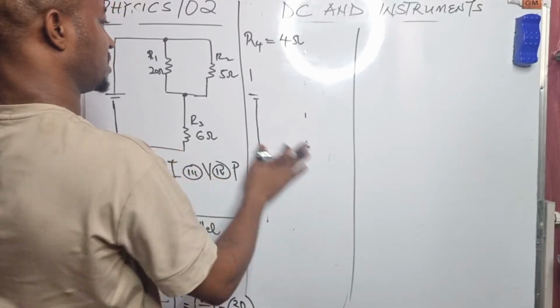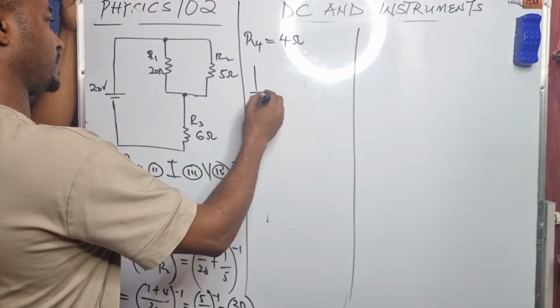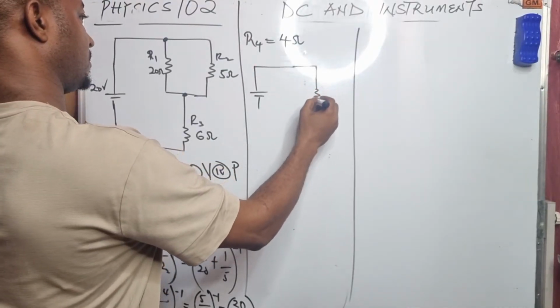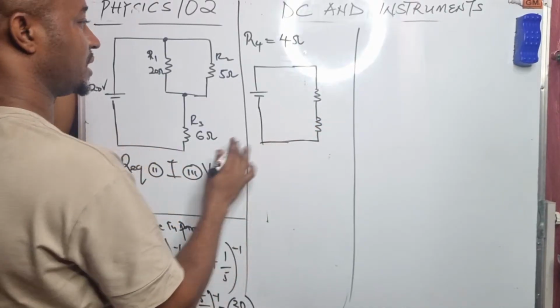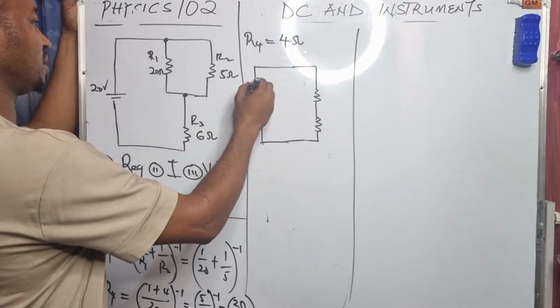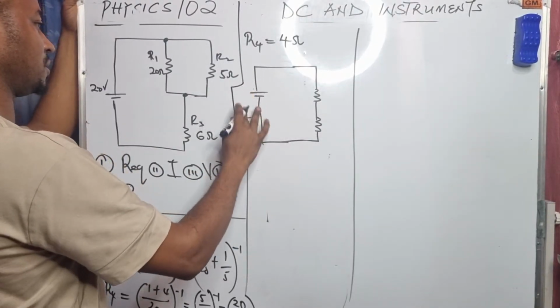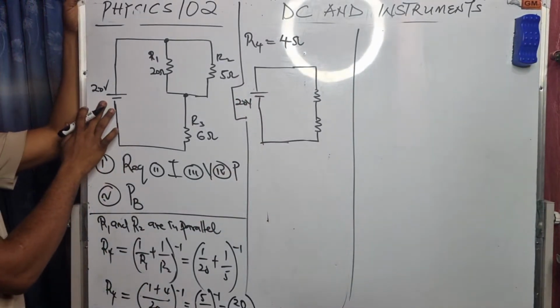Let me minimize my space. We still maintain our 20 volts. Our battery is 20 volts.